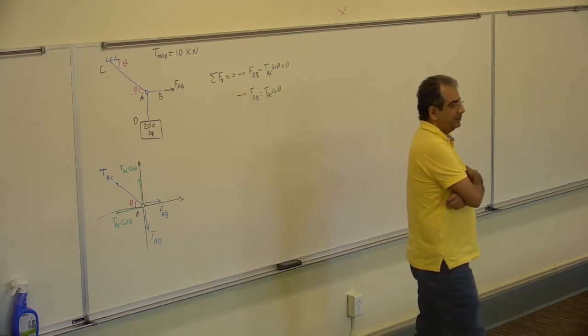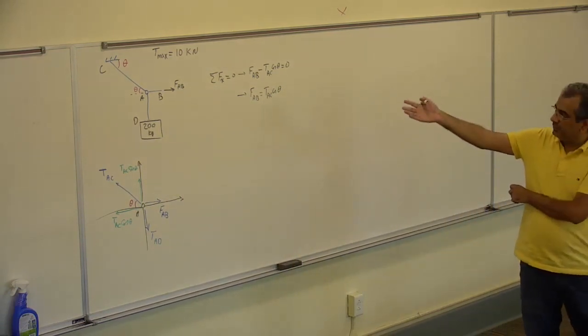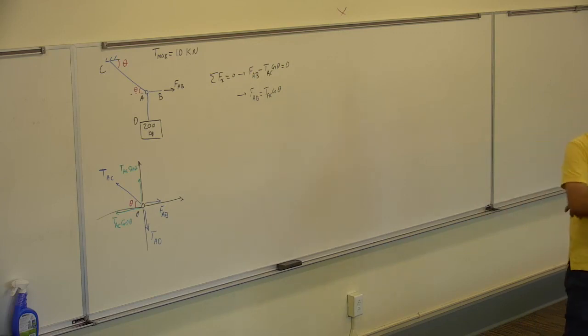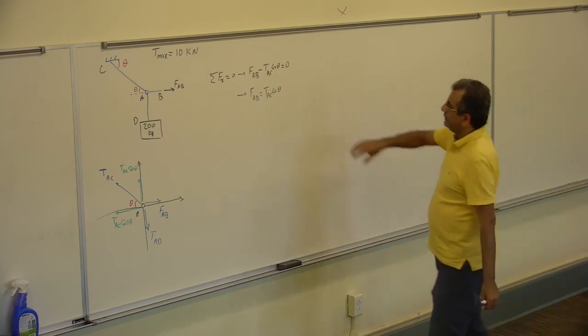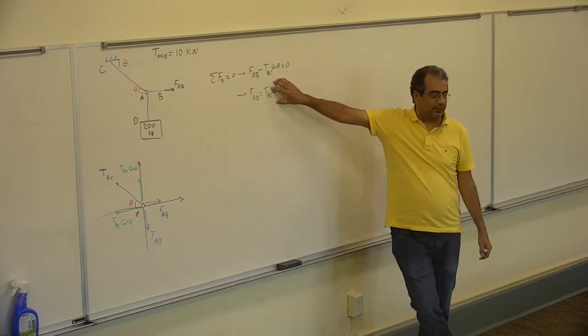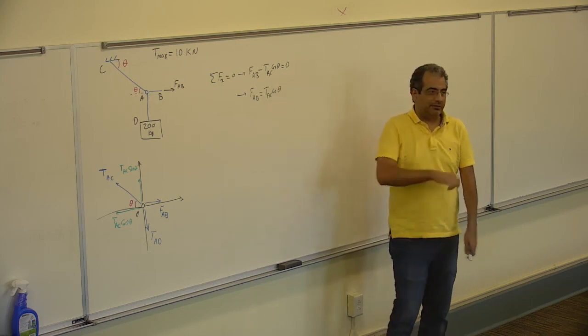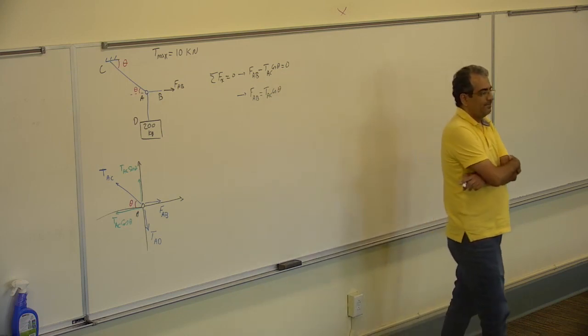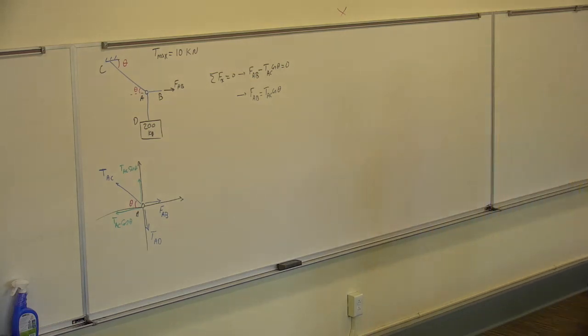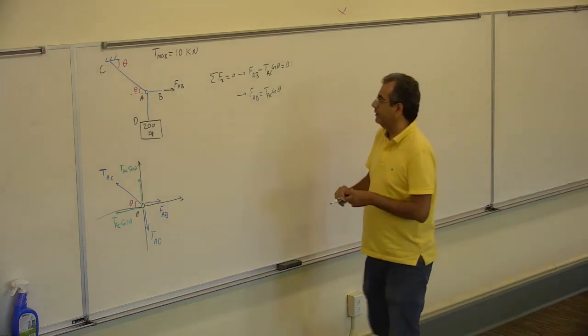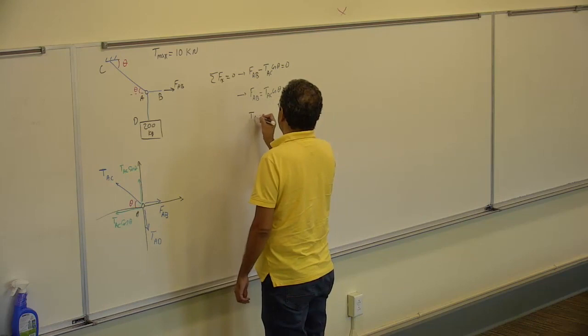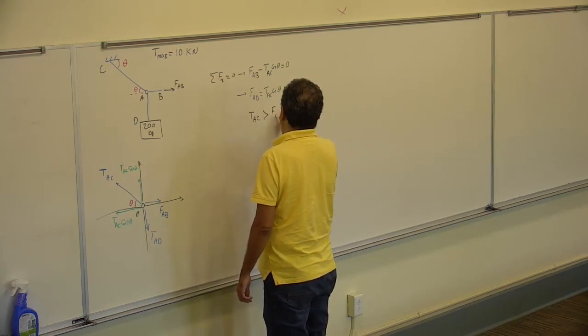In this case, it's between 0 and 90 degrees, so cosine theta is between 0 and 1. So cosine theta is less than 1. If cosine theta is less than 1, which one of these two is larger, TAC or FAB? TAC is larger than FAB.